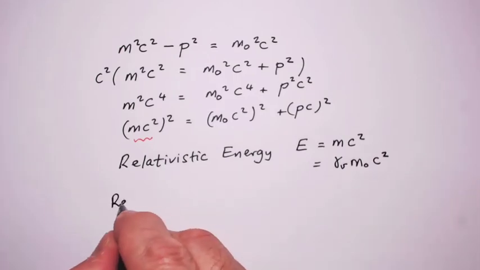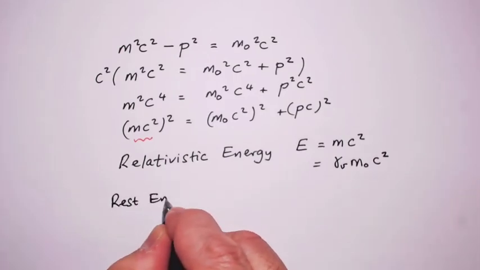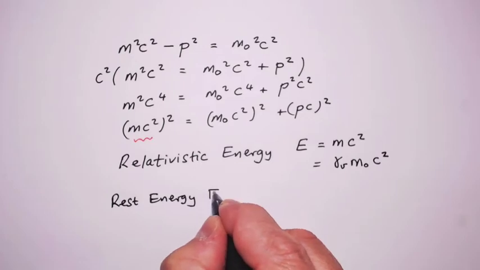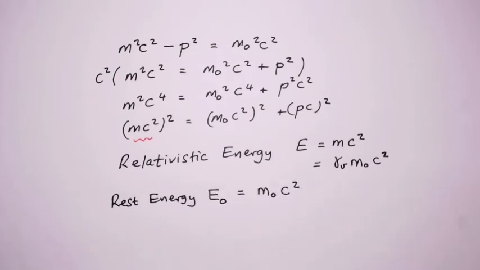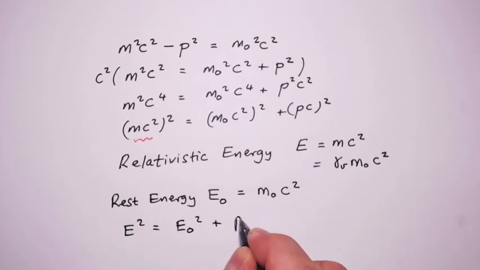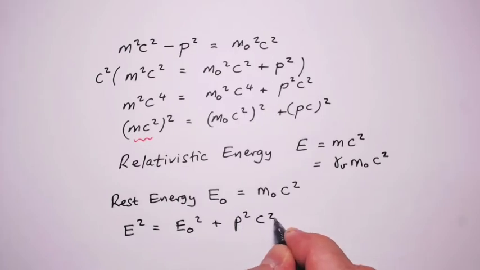For a particle at rest, p = 0, so the relativistic energy is the rest energy E0 = m0 c^2. This means that mass is a form of energy, so a particle with mass possesses energy due to its rest mass alone, without motion. With these definitions of energy, the invariant interval can be written as E^2 = E0^2 + p^2 c^2.